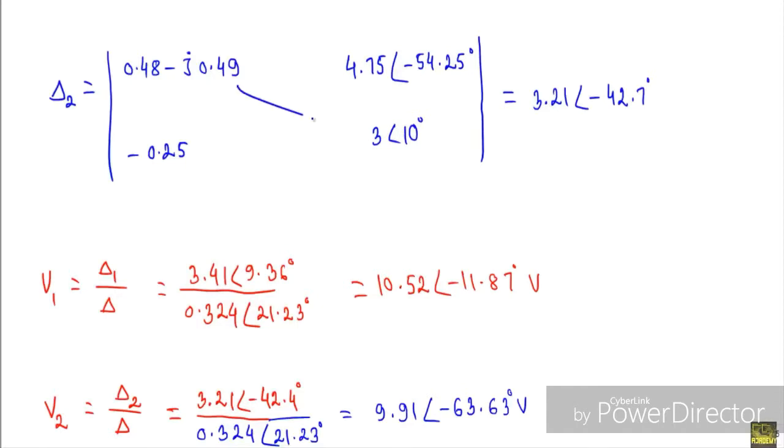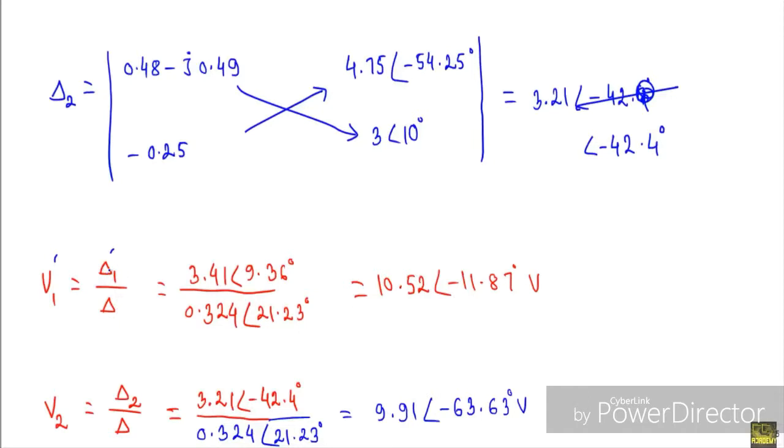If I cross multiply this with this minus this with this, I will get 3.21 phase angle minus 42.4 degree.